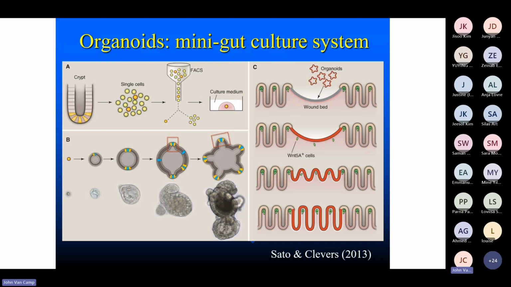In order to restore the situation, the idea is to start using organoids. So you cut away the part of the tumor, and then you take a stem cell, which is isolated from the healthy part of the colon.